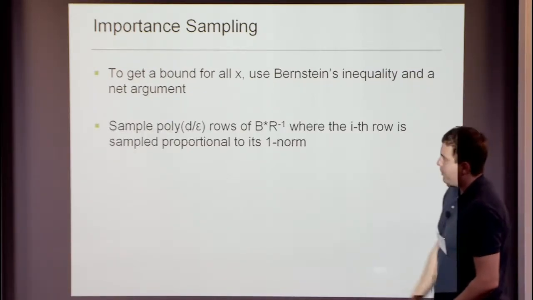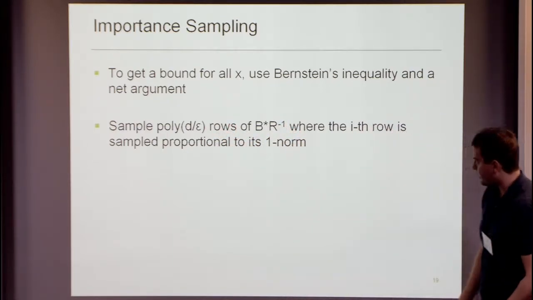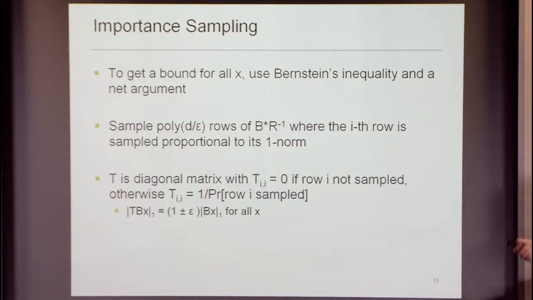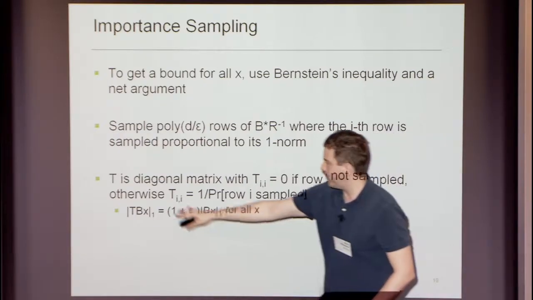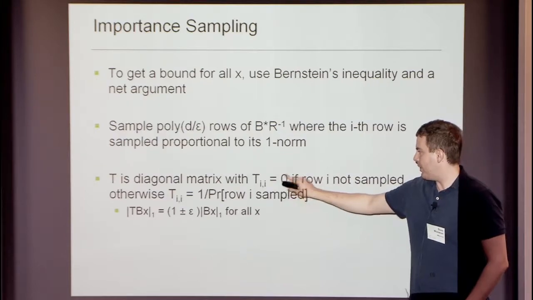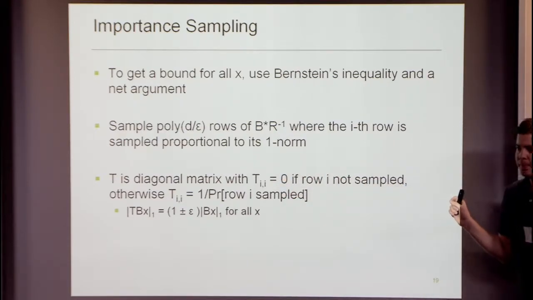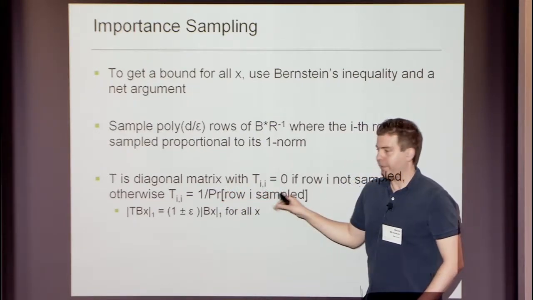You sample poly d over epsilon rows according to these one norms, and you solve the problem in this sketch space. Formally, what does importance sampling mean? I have this matrix T, which is diagonal, where I have a 0 on the diagonal if a row is not sampled, and 1 over the probability the row is sampled if I do sample it.